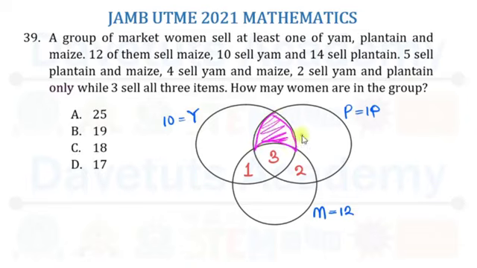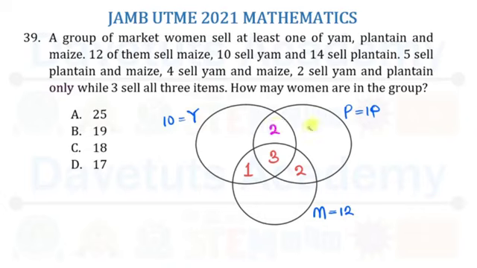So that is 2, and we put 2 here. Once we have this, we can compute those that sell maize only, plantain only, yam only. Why am I doing this? Because I want to get each of those entities, then add them together and sum them to the total number of women which we are trying to get.